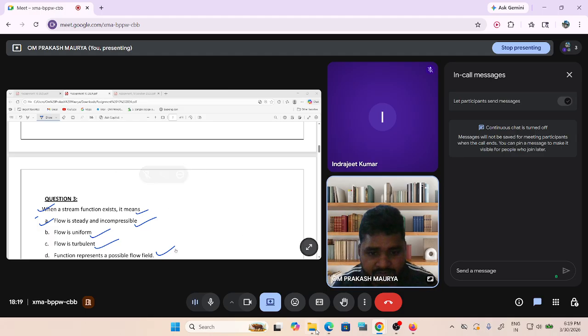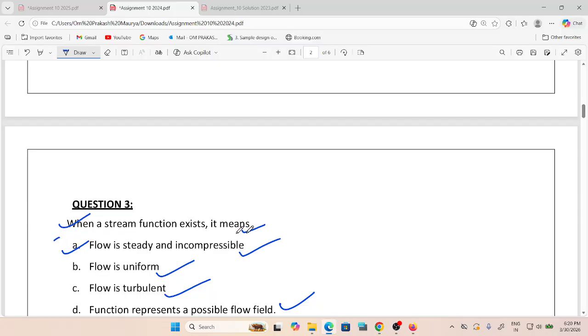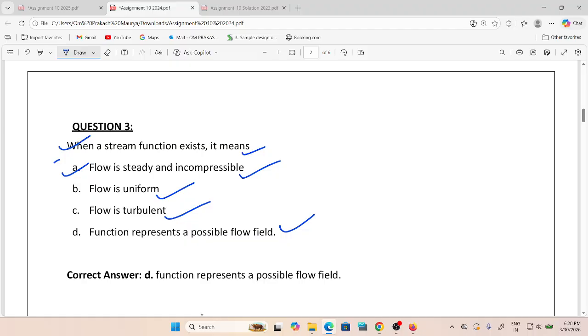When the stream function exists, it means what? It means the function represents a possible flow field. Remember please, if a stream function exists in any fluid flow, it means the function represents a possible flow field. Always remember.